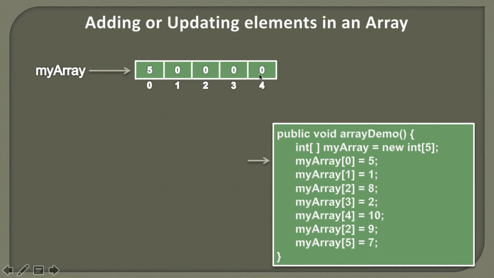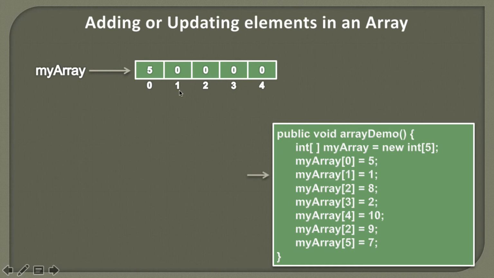Similarly, for other types such as float and double, it would be 0.0. For long it will be 0, for boolean it will be false, and for a proper object it will be null, because those are the default values for primitive and non-primitive data types.